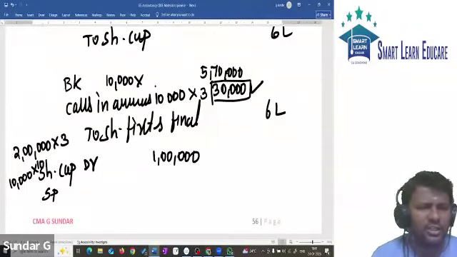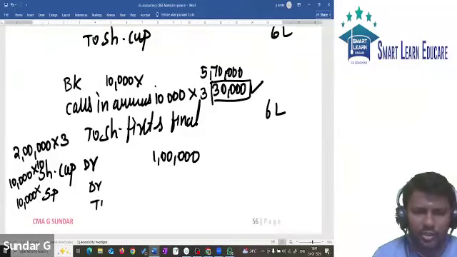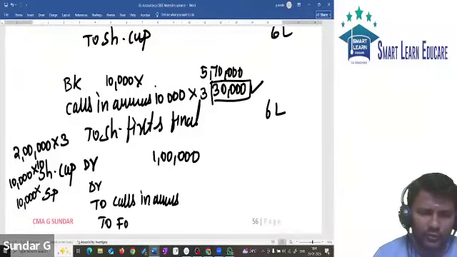On how many shares is the amount not paid? 10,000 shares. What is not received? How much amount of securities premium is not received? And to calls in arrears and to forfeited shares.